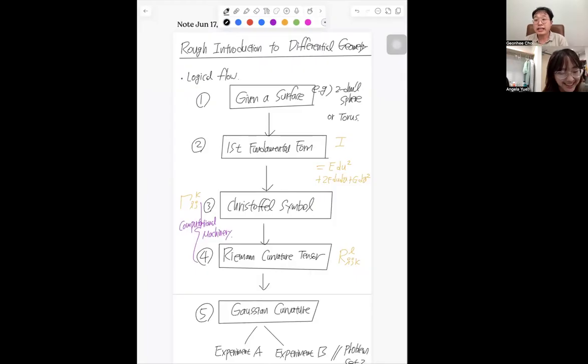You cannot know it unless you really do the computation. There's no way to avoid it. Because the setting right now is so simple, for the two-dimensional sphere and the torus, most of the Christoffel symbols might be just zero. There are just a few terms that are not zero. But the intention is that you really track it by yourself. It's just taking derivatives. So let's now look at problem set two.